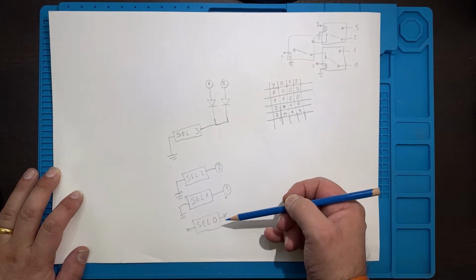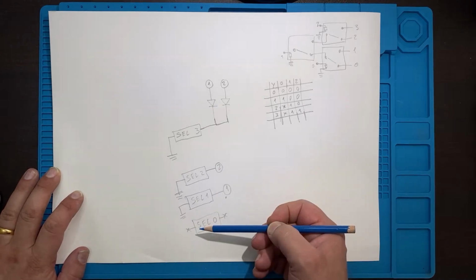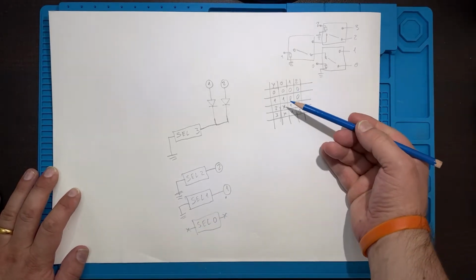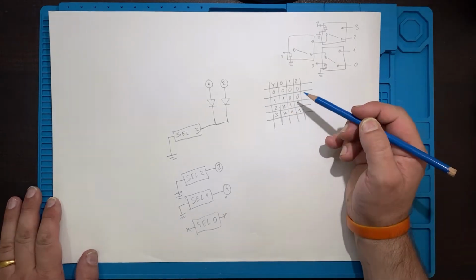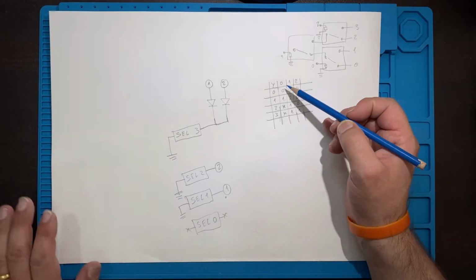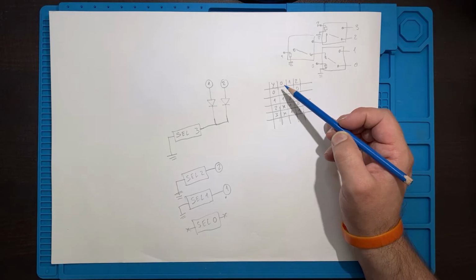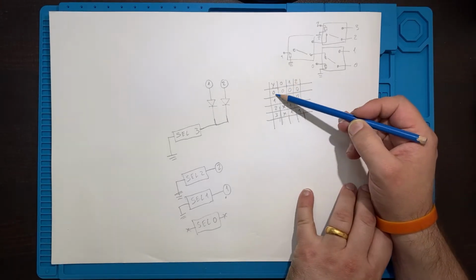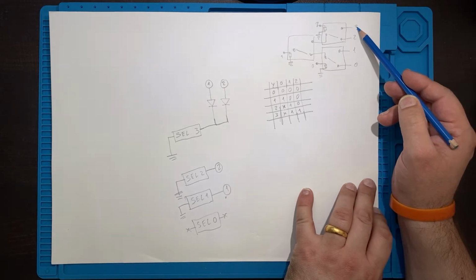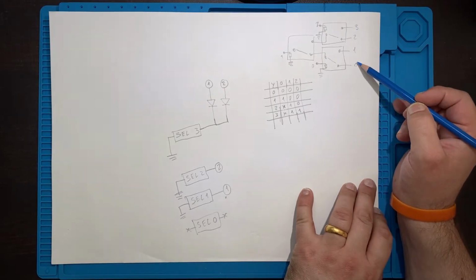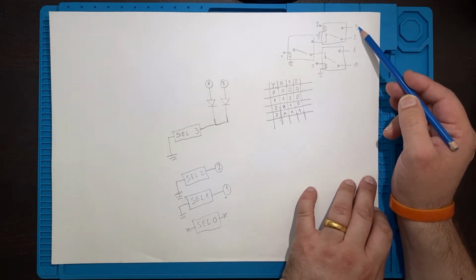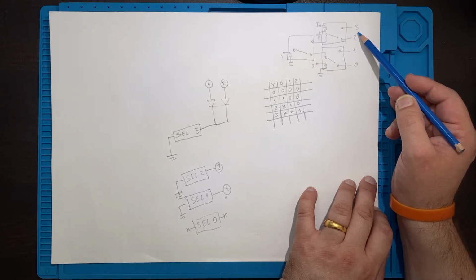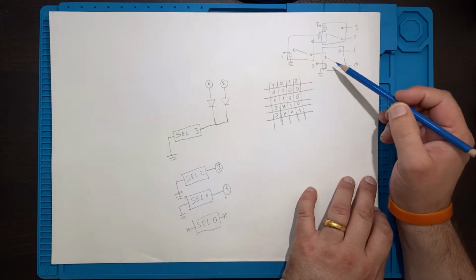So what do I have here? I have a truth table, and Y is the output, and this number here is the number on the input, which will be connected to one of the transformer secondary windings.